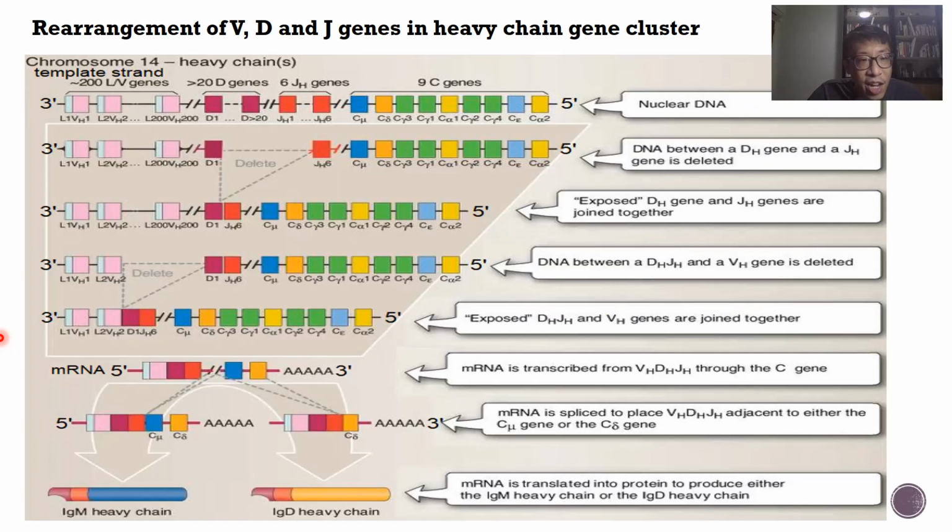All right. So again, another diagram to show. This is the template strand. We have a series of V genes, about 200, 20 D genes and 6 J genes, followed by 9 C genes.